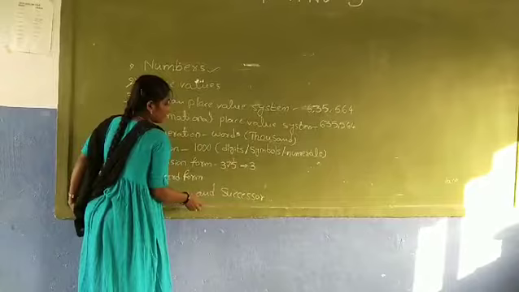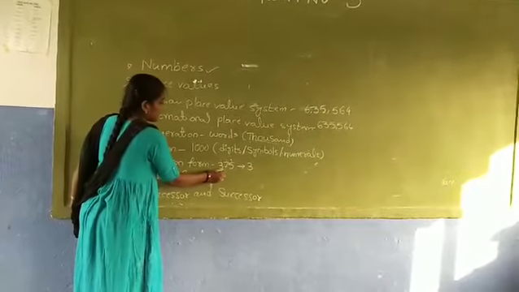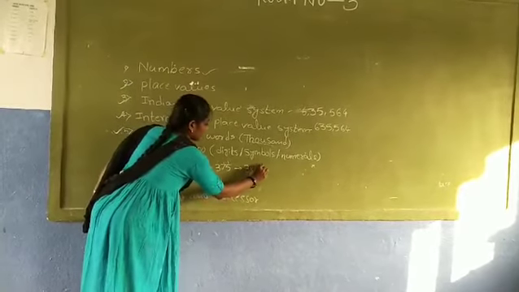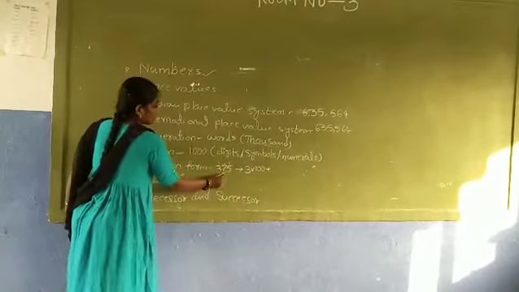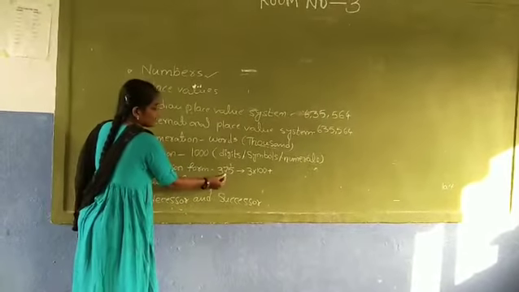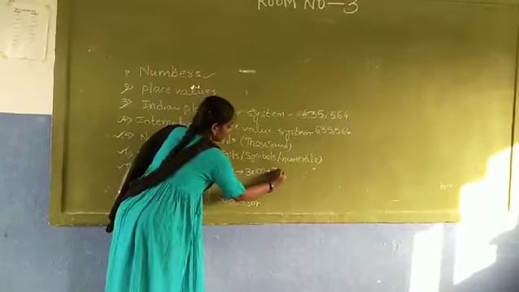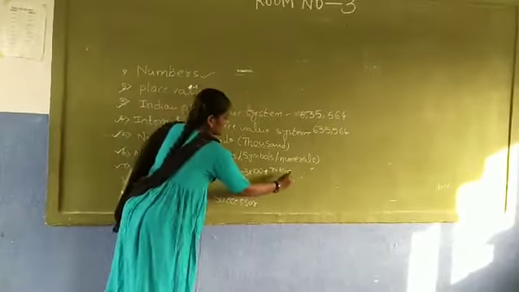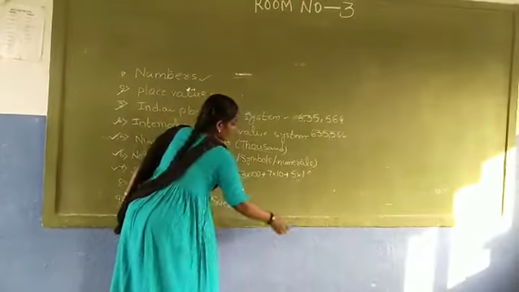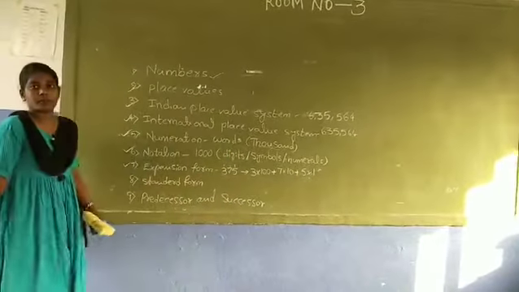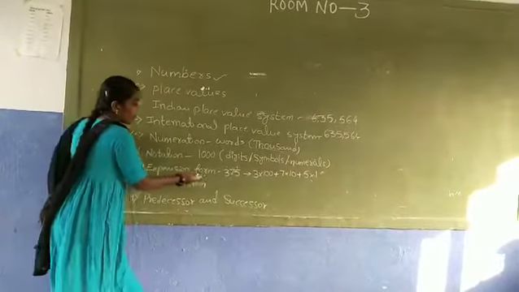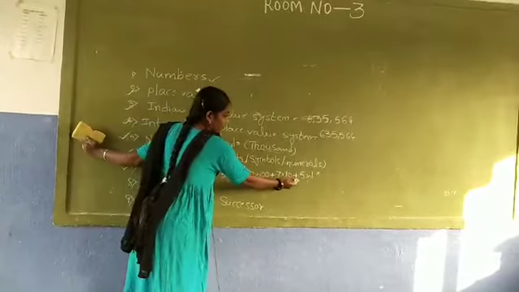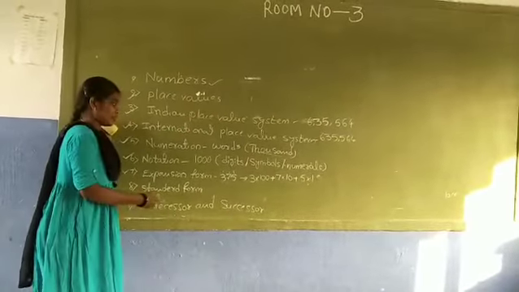Ones place, tens place, hundreds place. 3 is under hundreds place, that's why I am multiplying 3 with 100. 7 is under tens place, that's why I am multiplying 7 with 10. 5 is under ones place, that's why I am multiplying 5 with 1. The expansion form of 375 is 3 into 100 plus 7 into 10 plus 5 into 1.